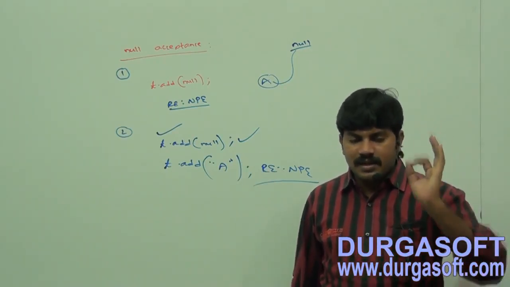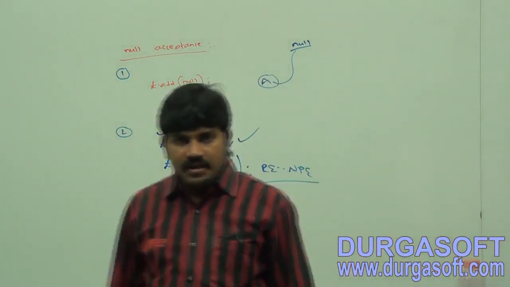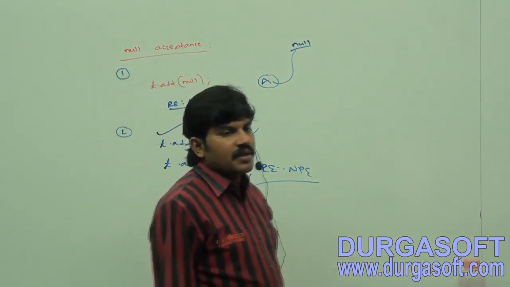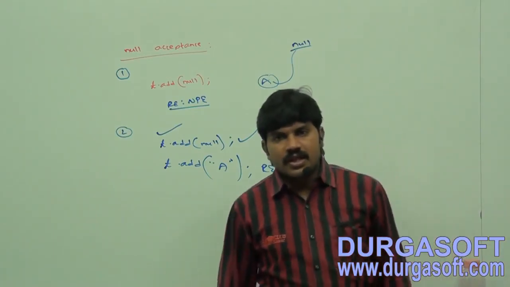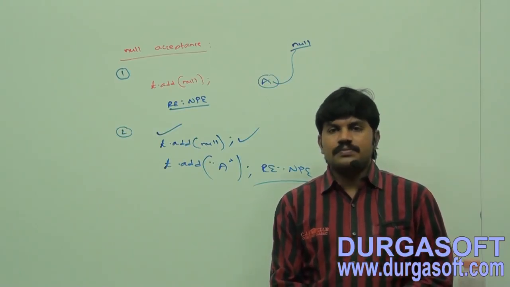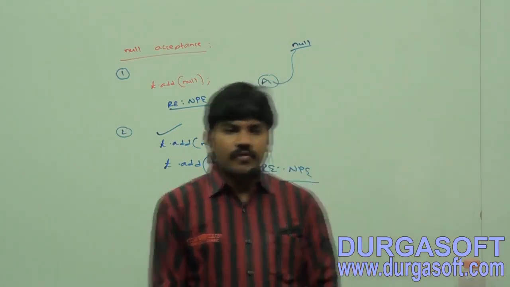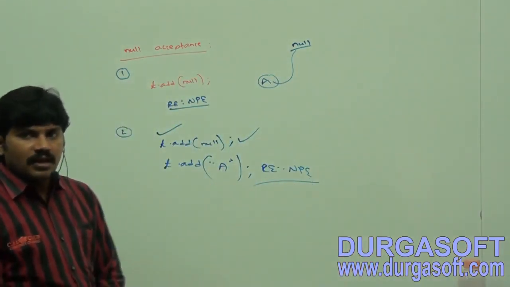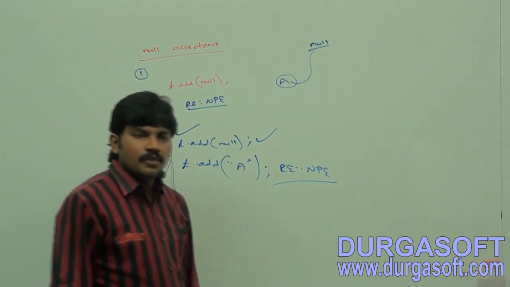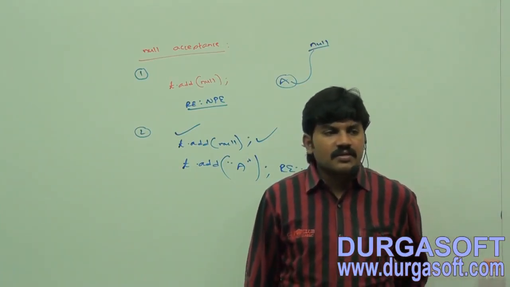Second point. For an empty TreeSet, as the first element, null is allowed.